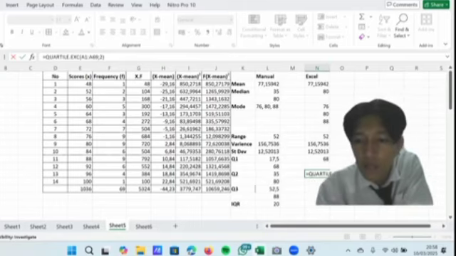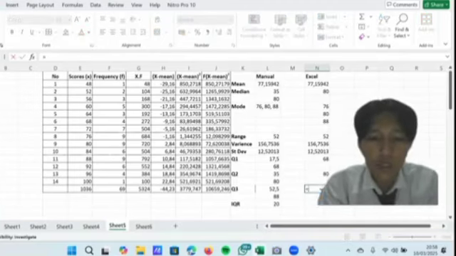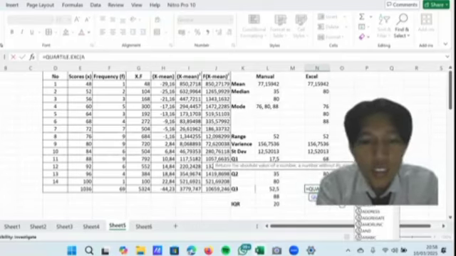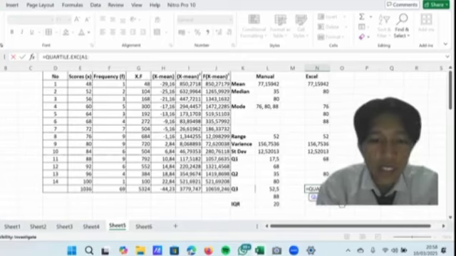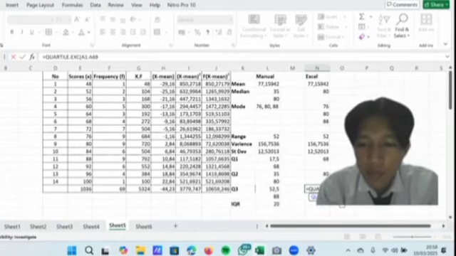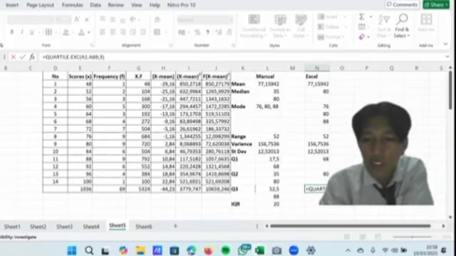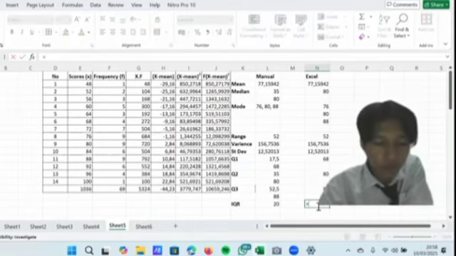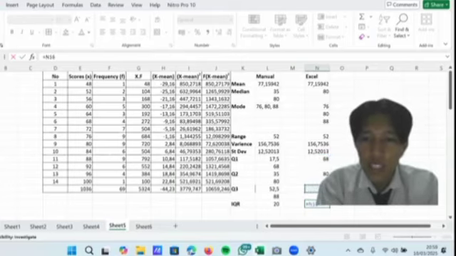And then the last quartile, 3. Okay. And then the interquartile range, quartile 3 minus quartile 1.